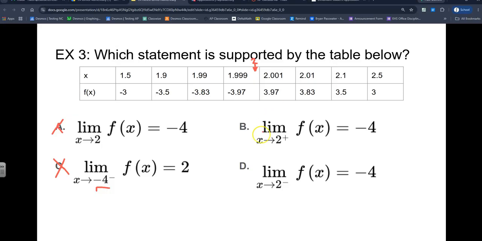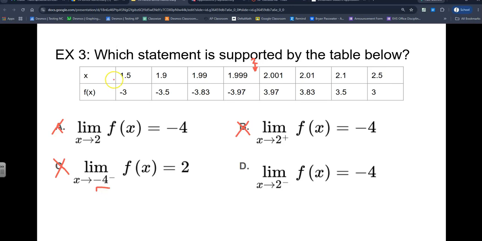Okay, then I've got the limit as x approaches 2 from the right. So from the right, I'm coming from over here, right? Numbers higher than 2: 2.5, 2.1, 2.01, 2.001. On the right side, does it look like I'm getting closer and closer and closer to -4? Now, what does it look like I'm probably getting closer to? +4. So this one cannot be correct.